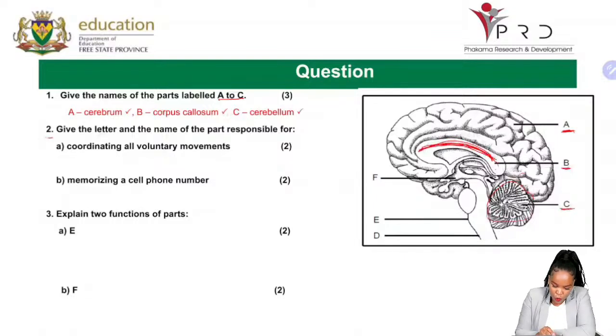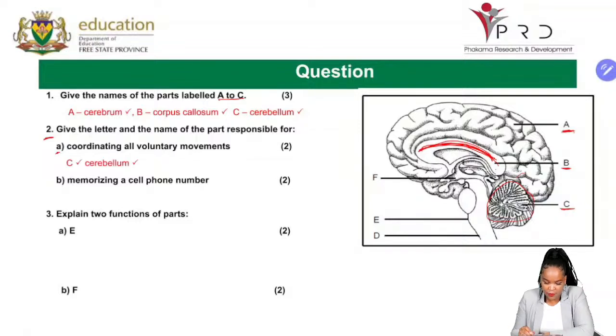Then number 2. Give the letter and the name of the parts responsible for coordinating all voluntary movements. Which one of these letters is responsible for coordinating voluntary movements? That is your cerebellum. This one.